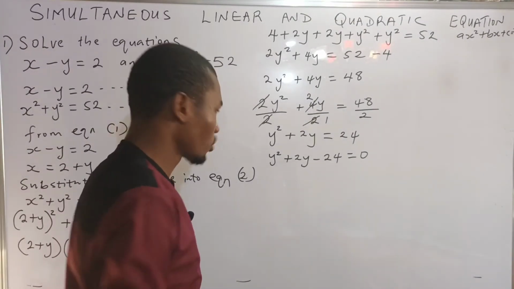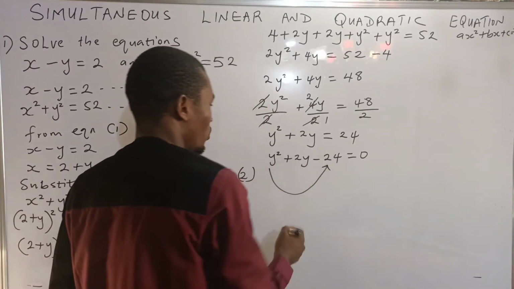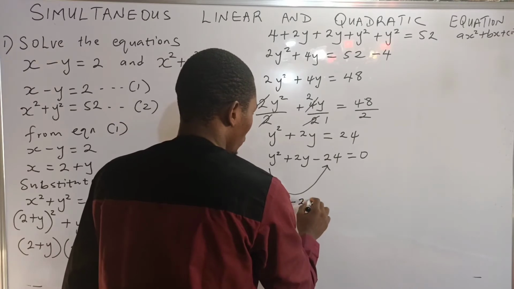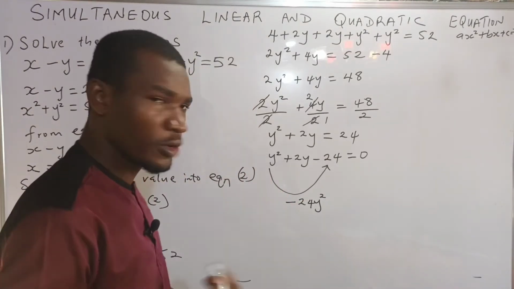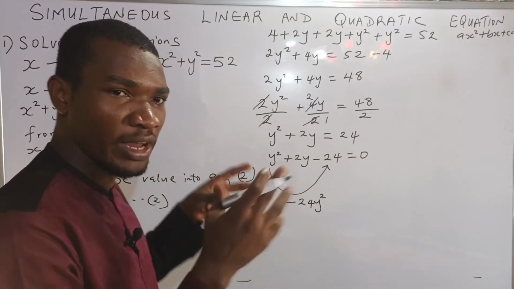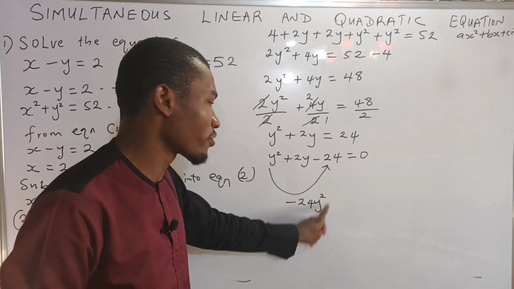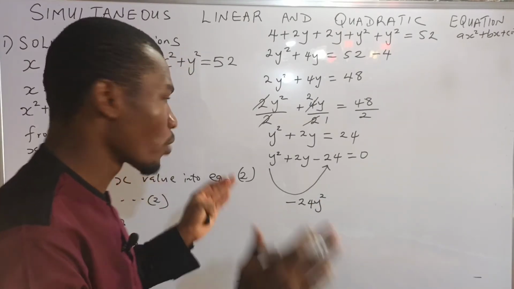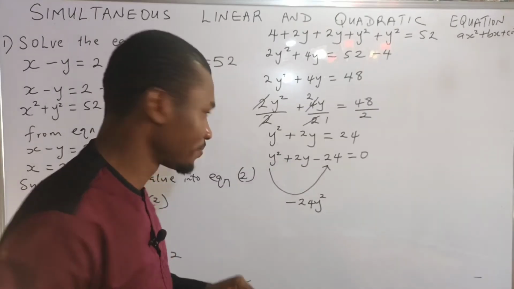Using the factorization method, y squared will multiply negative 24. Then we have negative 24y raised to the power of 2. Then we look for two factors that when we multiply them together, we shall have negative 24y raised to the power of 2, and when we add them together, we shall have positive 2y.